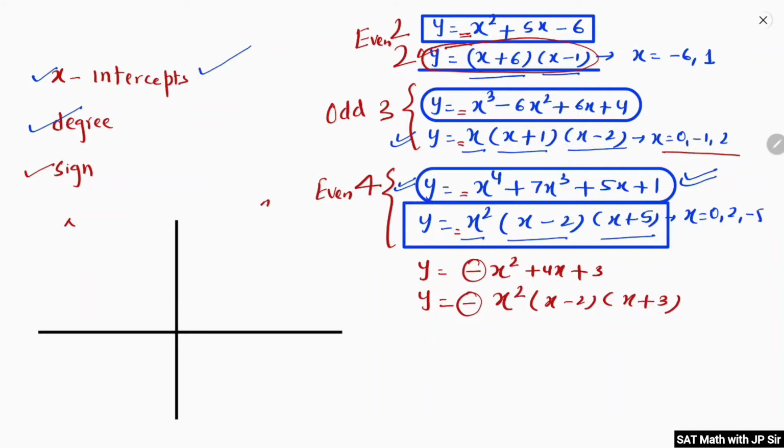Now degree. Whenever you have even degrees, both the ends of the graph will be in the upward direction or in the downward direction. Again, if we have even degrees, it means both the ends of the graph will be in the same direction.